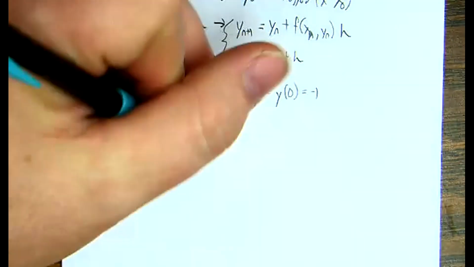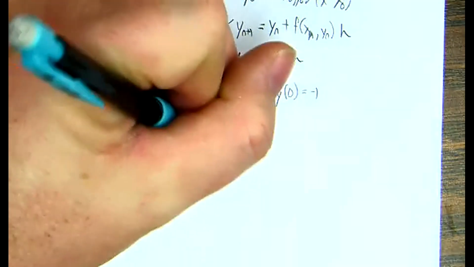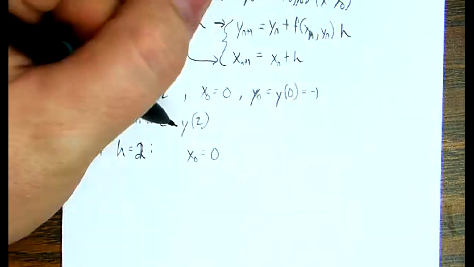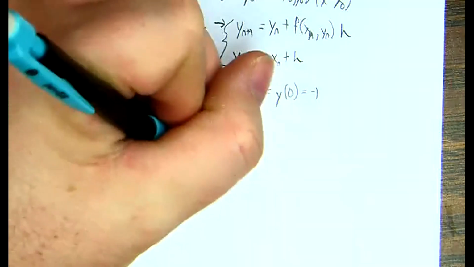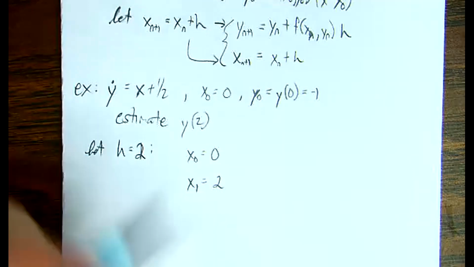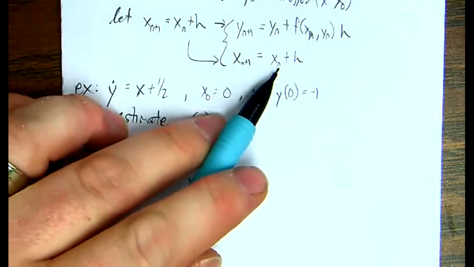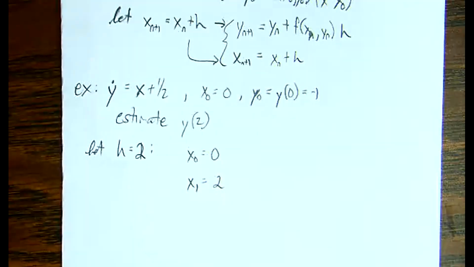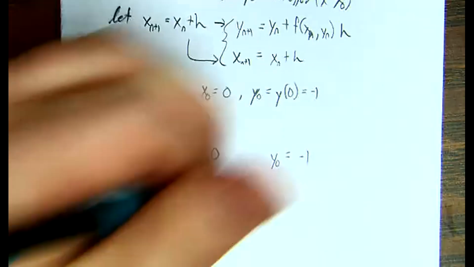If I do that, well, x of 0 is 0. x of 1 is going to be 2, right? I've traveled 2 units down. x sub 1 is x sub 0 plus h, and I'm using a step size of 2. My initial y value is -1.